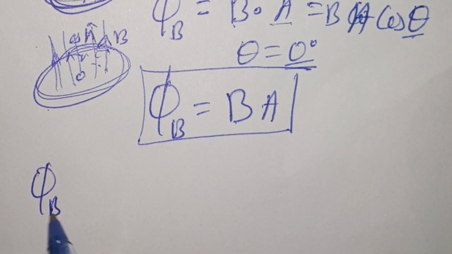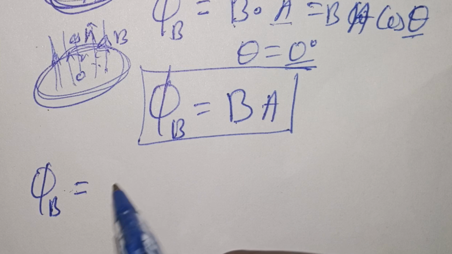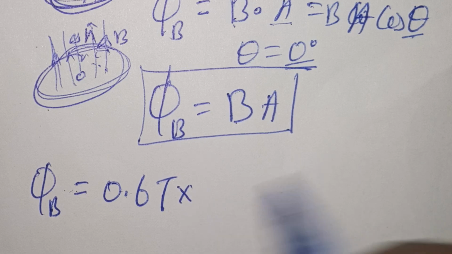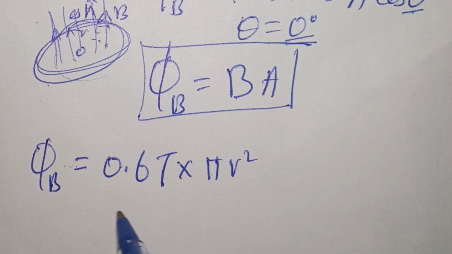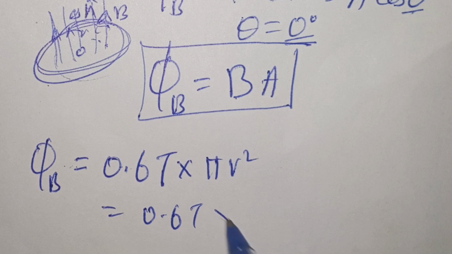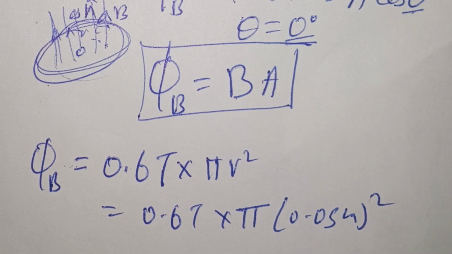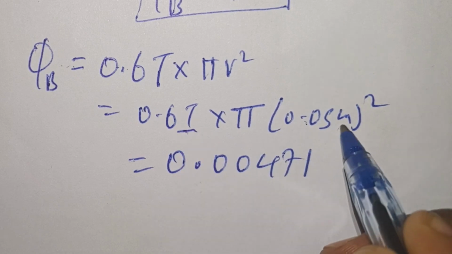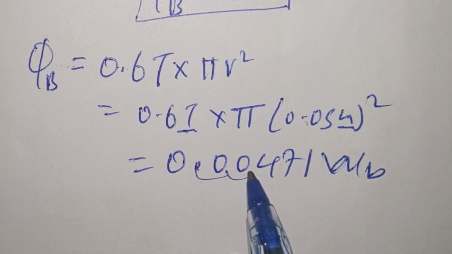When we directly substitute the numbers, the maximum magnetic flux is given by the magnetic field strength, which is 0.6 Tesla, times the area of the loop, which is circular, pi times r squared. This is equal to 0.6 Tesla times pi times 0.05 meter squared, which is directly equal to 0.0471 Tesla meter squared, which is Weber.